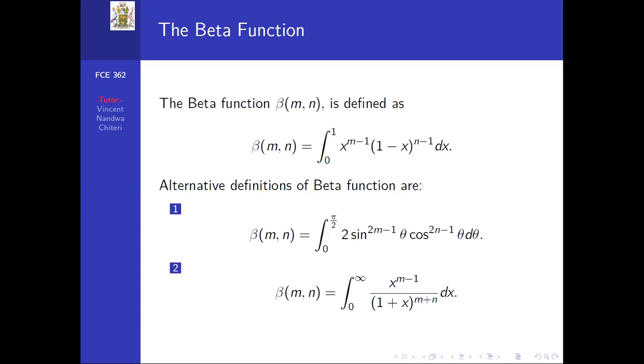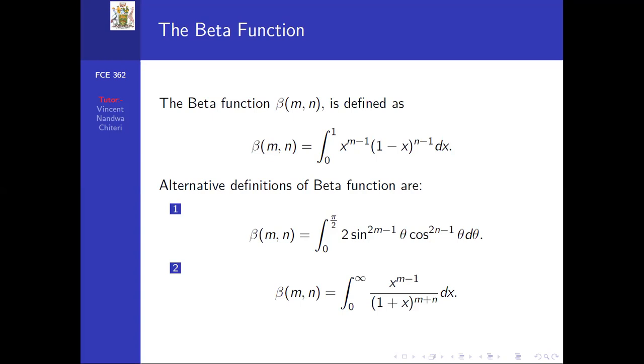Then beta functions. By definition, the beta function with two parameters m and n is defined as the integral from 0 to 1 x raised power m minus 1 into 1 minus x raised power n minus 1 dx.